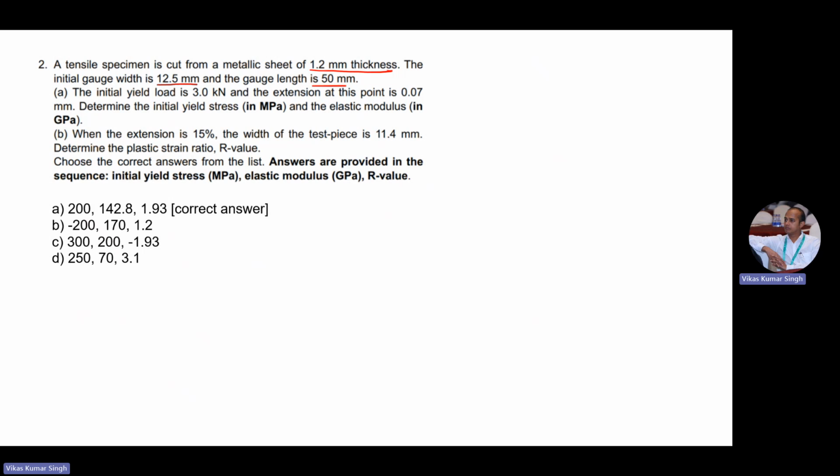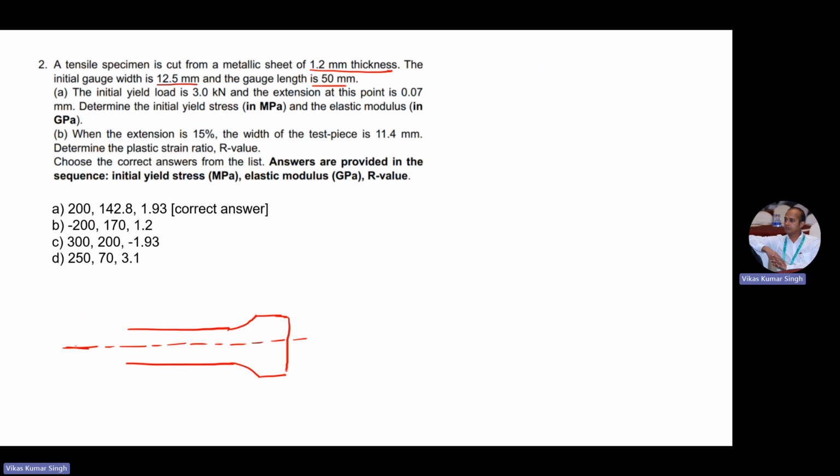Now I will make one tensile specimen for your understanding. So let's make one tensile specimen. A tensile specimen is generally made in the shape of a dog bone. So this is the gauge length, and here we generally keep an arc just to avoid stress concentration.